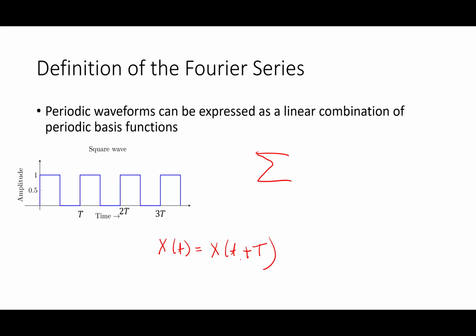Where does the function repeat? The time T is the amount of time it takes for it to repeat. That is a key thing for us, because we're going to start looking at waveforms like this and have to figure it out, and it's not going to be as obvious as it is with a sine wave.